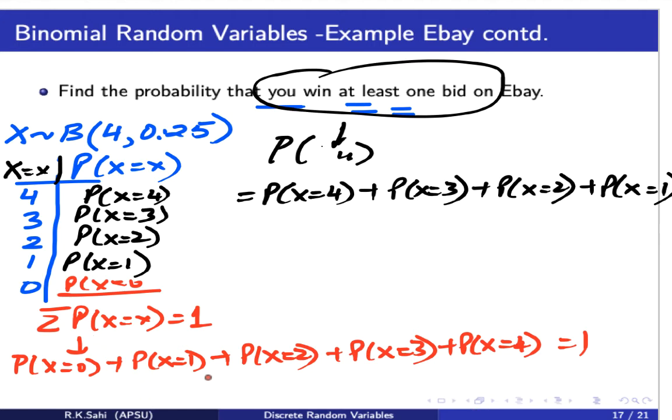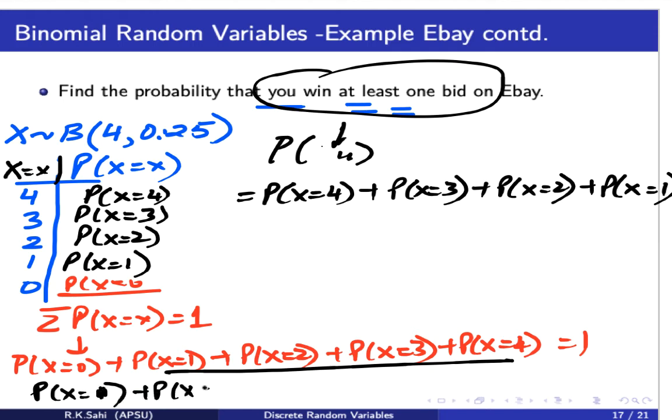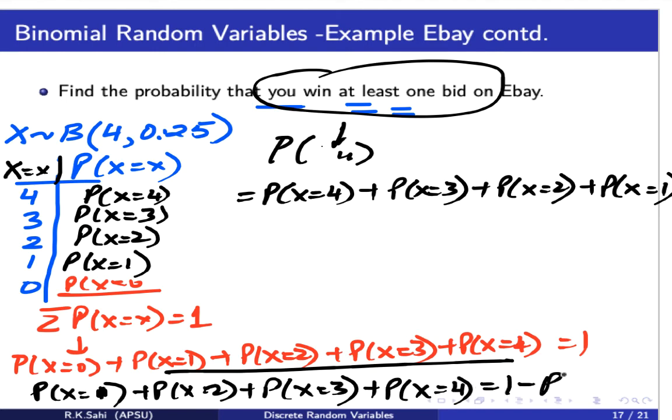Now, what are we looking for? We're looking for the last 4. So this is probability X is 1 plus probability X is 2 plus probability X is 3 plus probability X is 4, and with simple algebra, that is 1 minus probability X is 0.